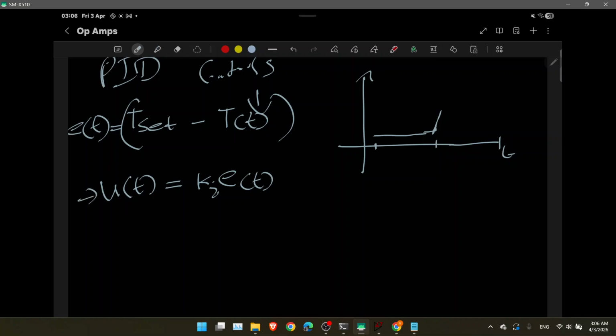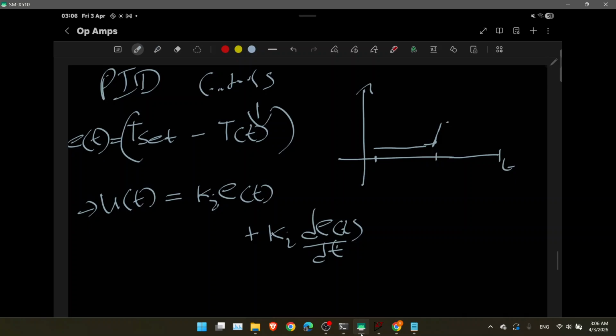This is the correcting. To this we are adding the differentiation of this error, also dt. If you are going to make this also through this proportional concept, it will not work because this is the future.